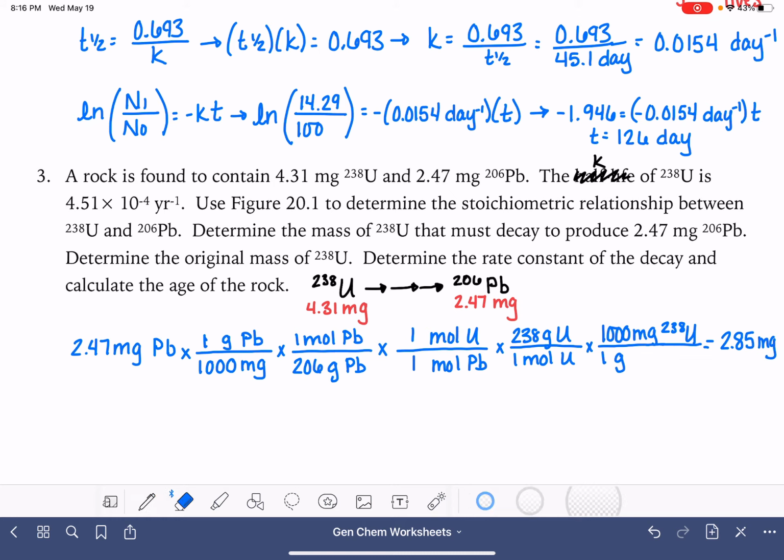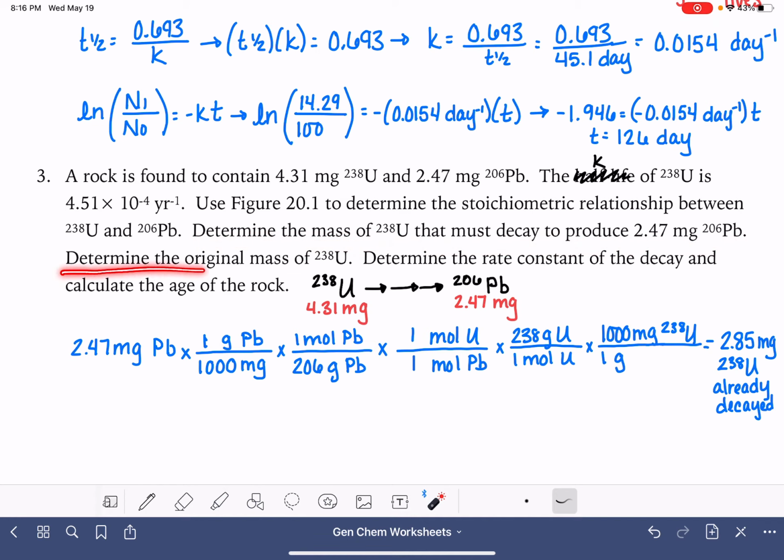So again, this is 2.85 milligrams of the uranium-238, which has already decayed. And then we have 4.31 left over. So that, we just answered this question right here.